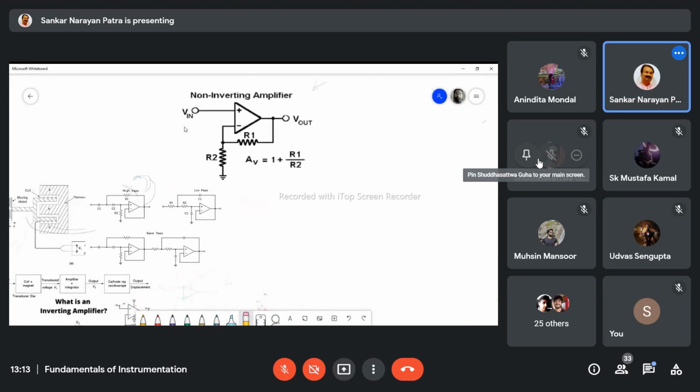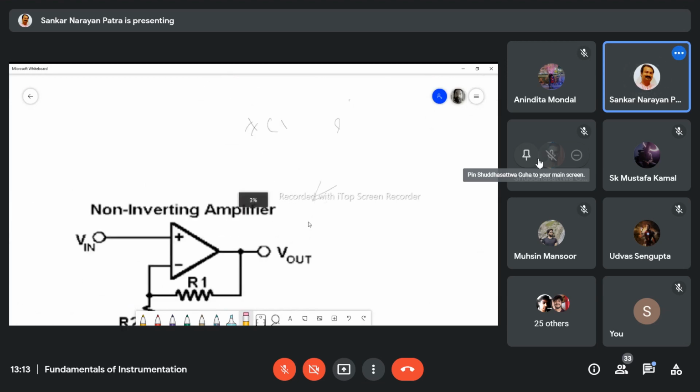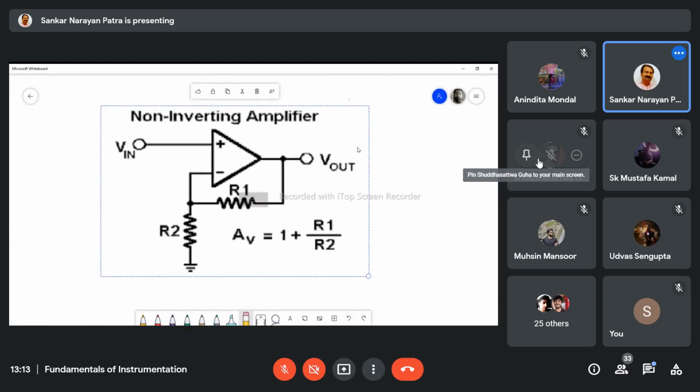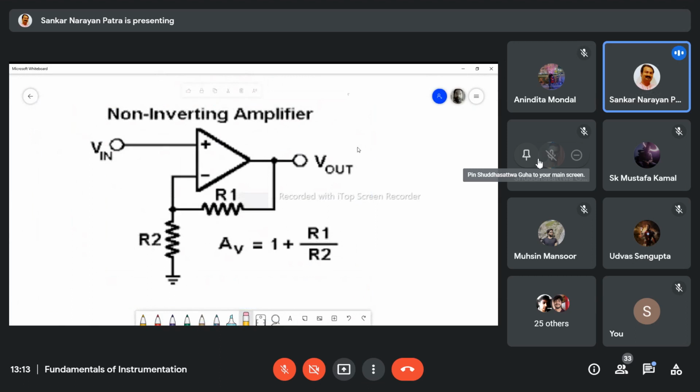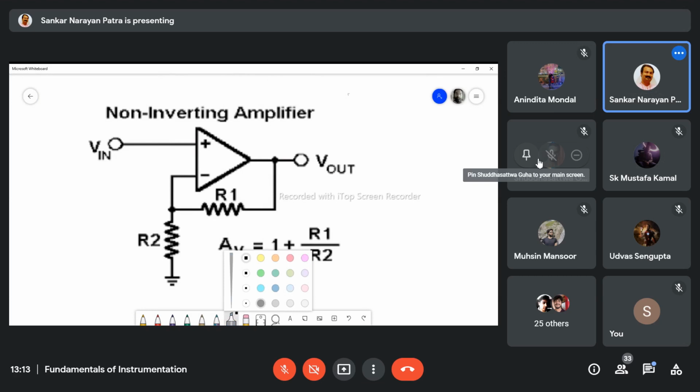This is the non-inverting amplifier. You may see the picture here. You have to apply KCL at the summing point, at this terminal. What will be the voltage here?